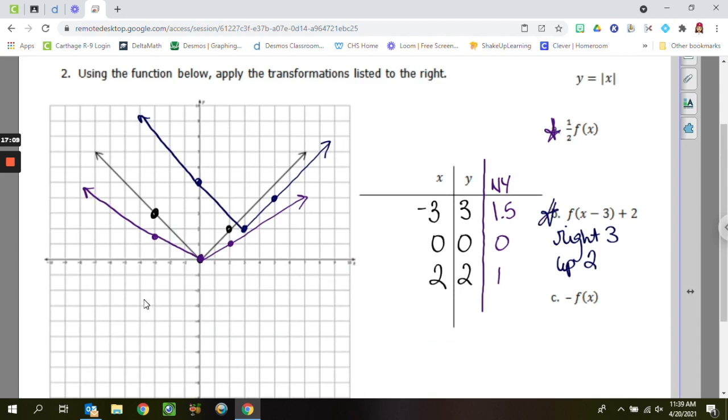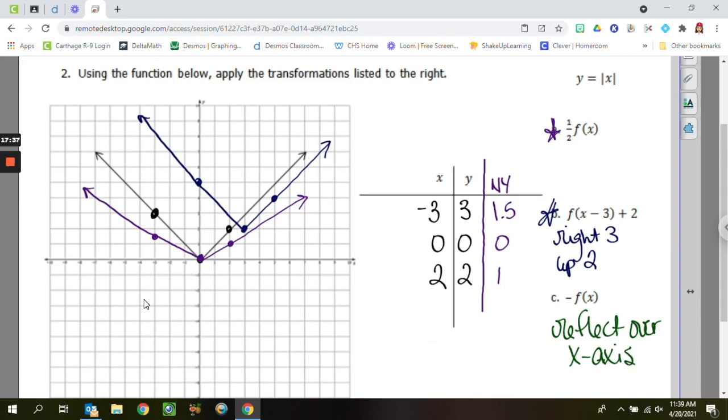And the negative outside, do I change my X values or Y values by that? Yep, outside we're going to reflect over X axis.